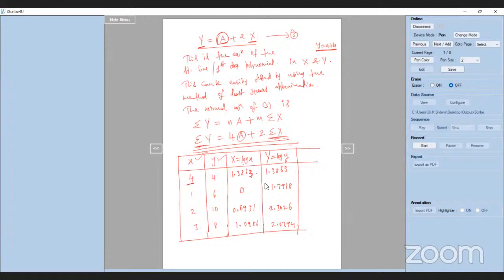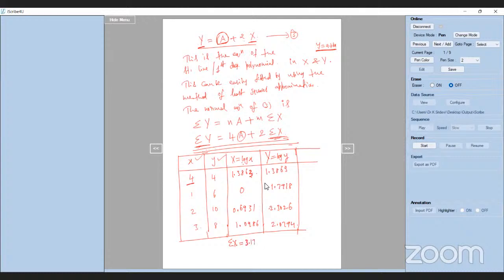Anyway, I have given the values for capital X and capital Y. Find the summation of capital X, the sum of all the capital X values. Tell me. 3.1779.